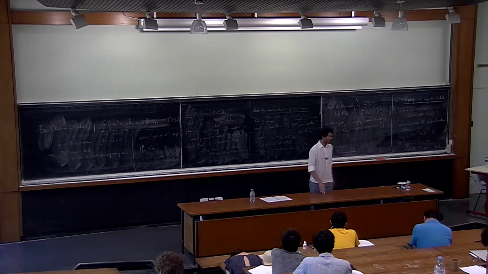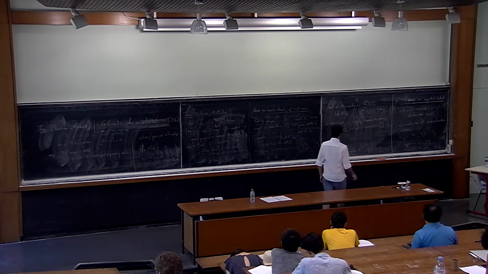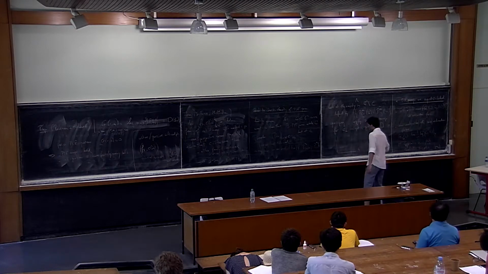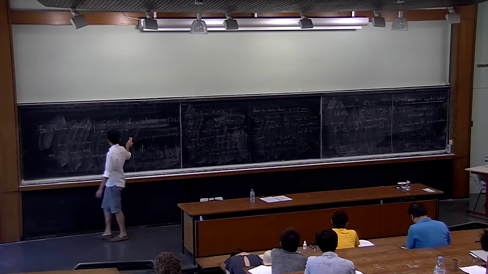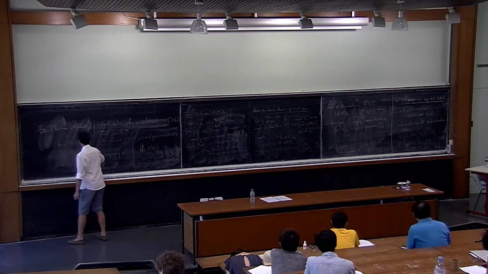So you can redo these calculations, and in particular, you get the same estimate on the growth at infinity, which is still here. So the same Branner-Hubbard estimate is true.